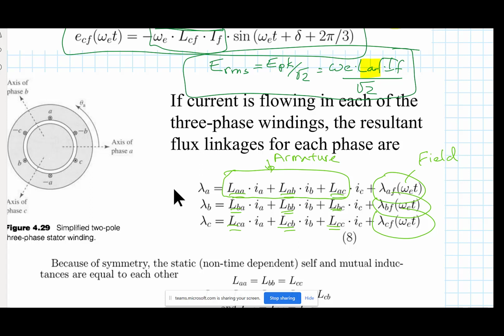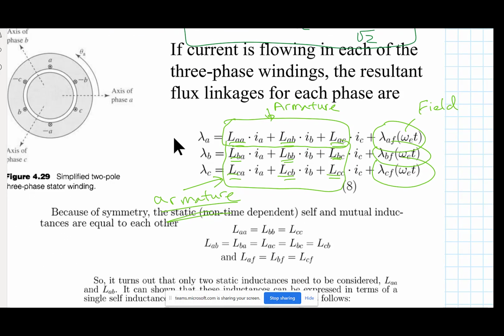And all of these combine together to give you the full effect of an armature winding. So I kind of say an effective armature winding. It's the combined impact of all of these inductances and currents, or MMFs, that gives you that armature effect.